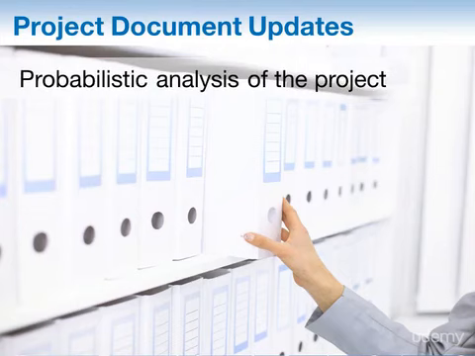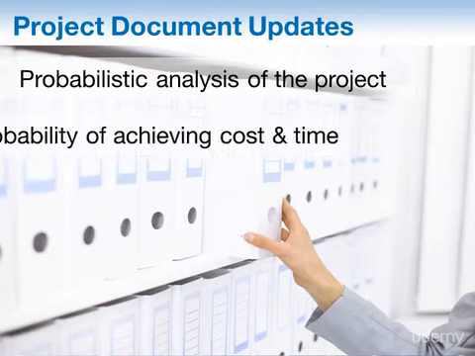First of all, probabilistic analysis of the project. These are estimates based on certain possibilities and what would be the effect if they do or do not occur. And we will also provide quantitative data to help direct decisions in regards to tapping into reserves that we have put aside if that becomes necessary.